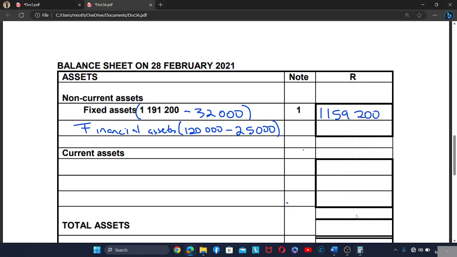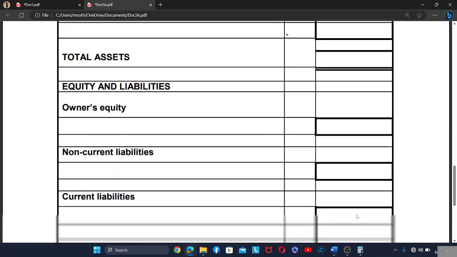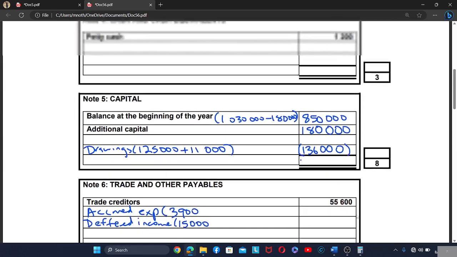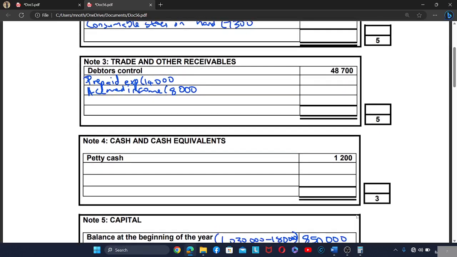So that is 95,000, right? Now where do we record the short-term investment? We must record it under the cash and cash equivalent as a fixed deposit maturing within 12 months, 25,000, right?